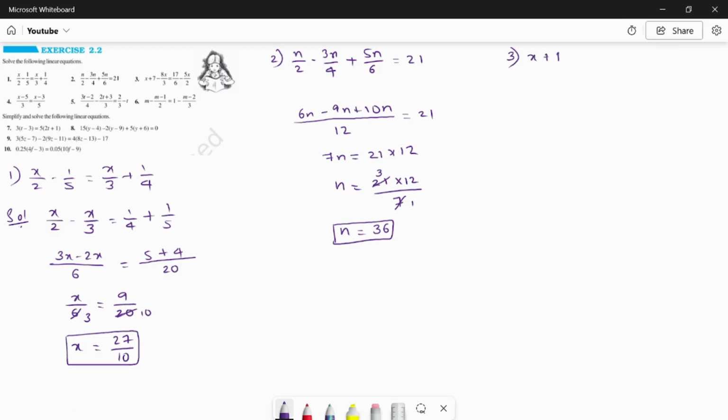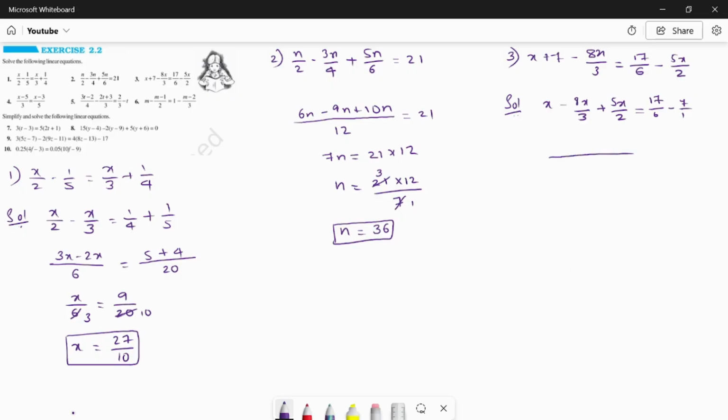x + 7 - 8x/3 = 17/6 - 5x/2. Now, x - 8x/3 + 5x/2 = 17/6 - 7/1.